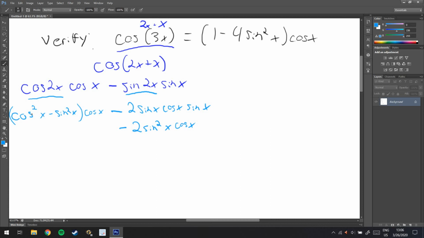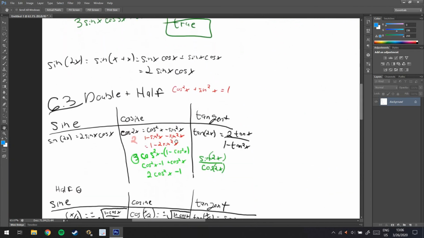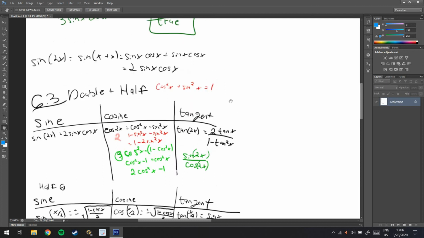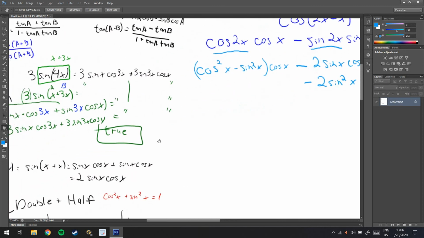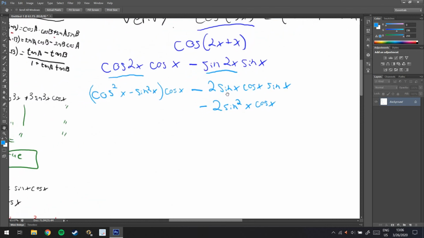I know that I can get rid of the cosine squared of x if I use property number 2 instead. So this is just substituting cosine squared of x with 1 minus sine squared of x. So I'm going to hop on back over to the problem.